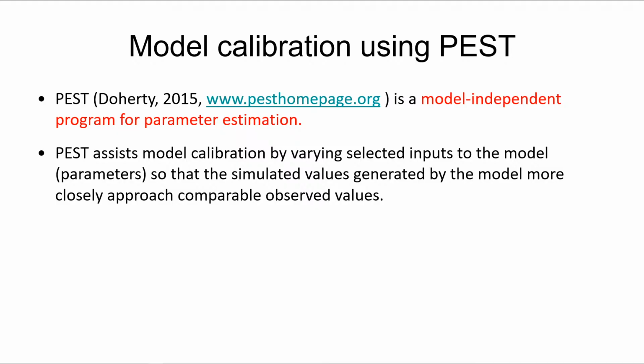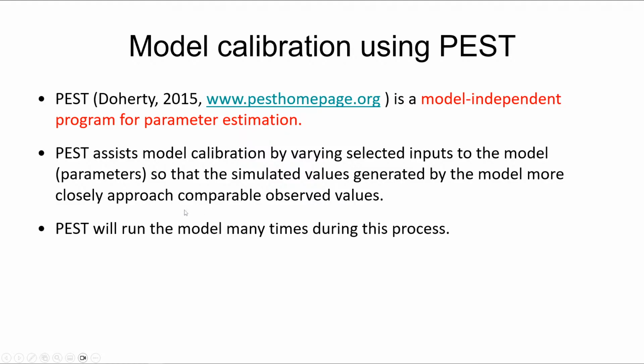In your project, you have 6 hydraulic conductivity values, and you just tell it to find the best match between the simulated and observed head by changing these 6 values, so that the simulated values generated by the model more closely approach the comparable observed values. So BEST will run the model many times during this process.